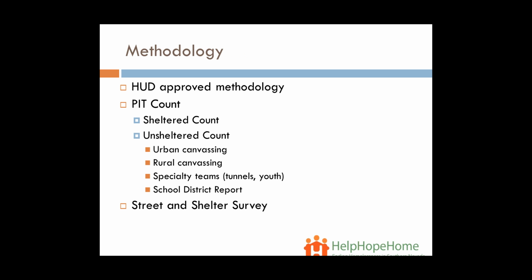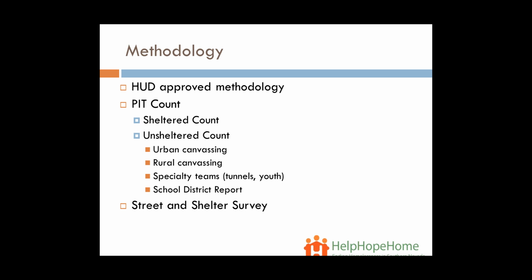Our count takes place over a 36-hour period, and we ensure that we collaborate with the Northern Nevada Continuum of Care and Balance of State Continuums of Care to ensure that we are doing the bulk of our count on the same day, so that we can truly say that we have statewide data, and it helps us to minimize duplication.